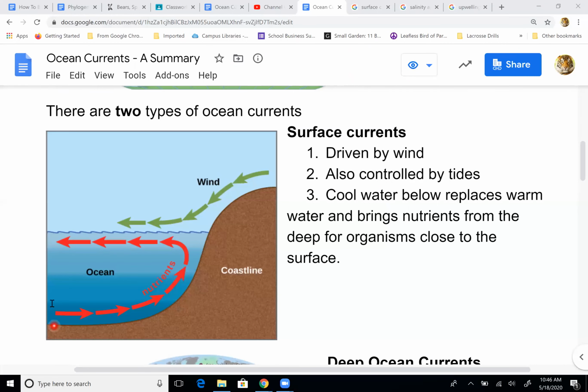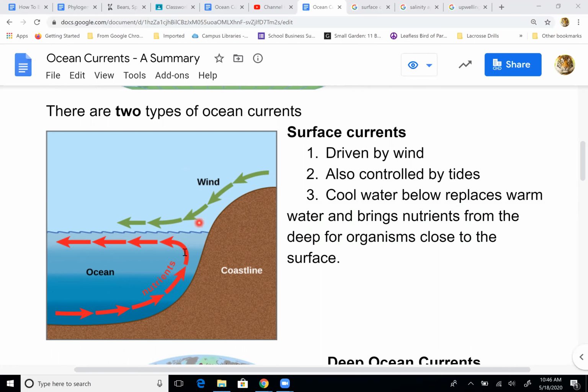Because of gravity, all the food, all the nutrients settle into the bottom of the ocean, and because of the movement of water by wind, the nutrients come up.